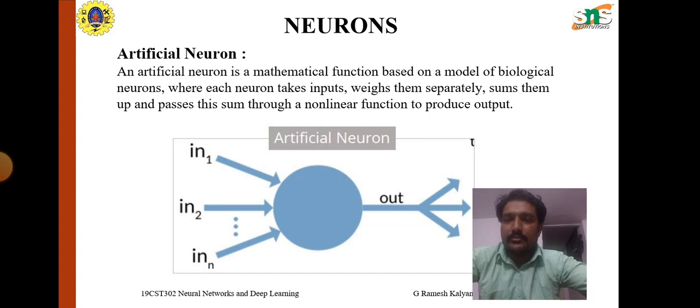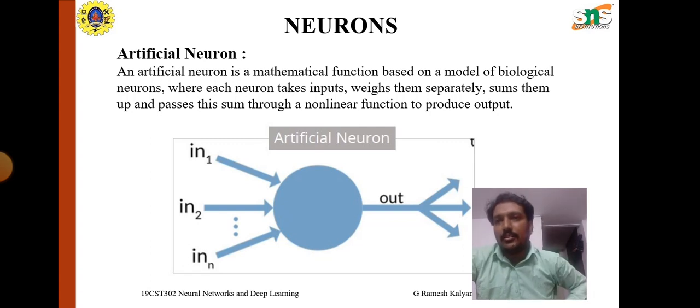Next one is the artificial neuron. As I said, the neural network is mainly inspired from the working of the human brain, which is composed of interconnected biological neurons. Similarly, we have interconnected artificial neurons in the neural network.